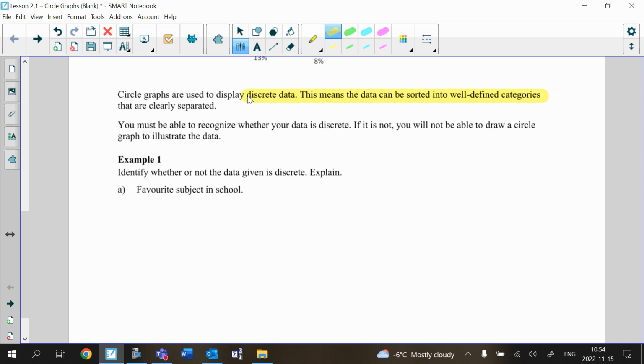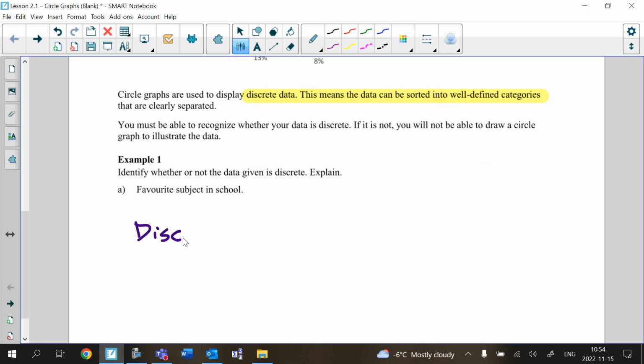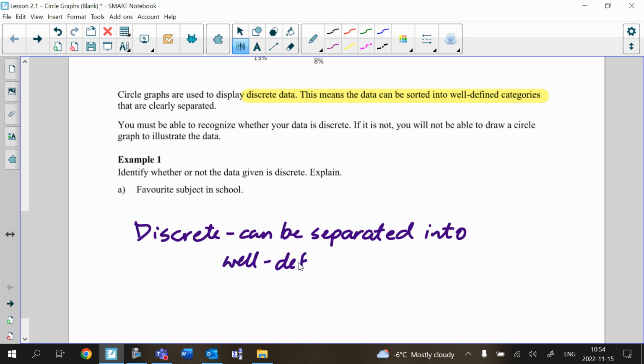So we would say that your favorite subject at school would be discrete, because of the meaning of discrete, it can be separated into well-defined categories. Like math, English, etc.